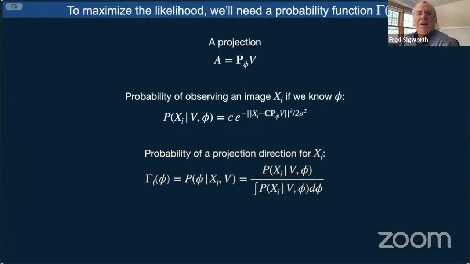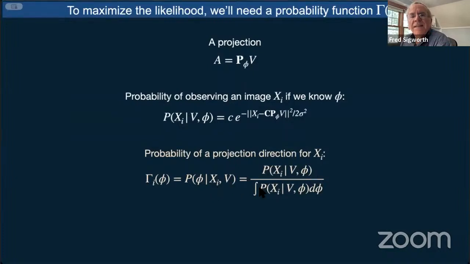Now, in order to efficiently maximize the likelihood, what we need is a probability of a particular projection direction. We'll use this function in a minute. So gamma sub I is the probability of the particular projection direction phi given a particle image and knowing what the volume is.